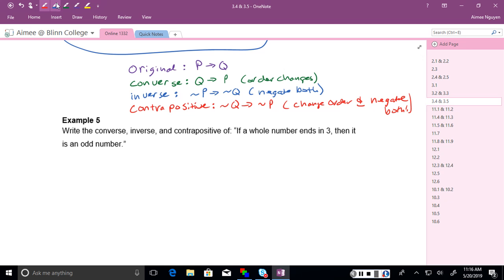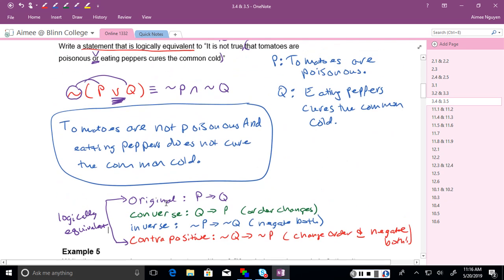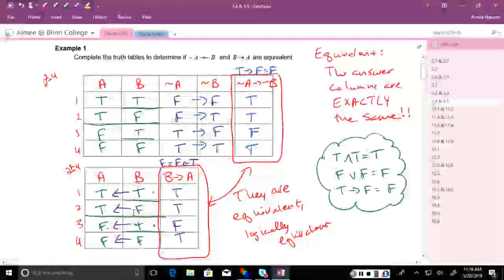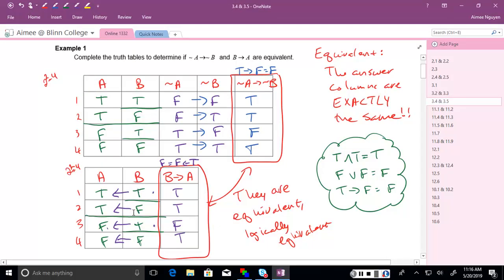So why are these important to us? These are important to us because an original statement and its contrapositive are logically equivalent. If we go back to the very first example that we did, we had a statement and its contrapositive.